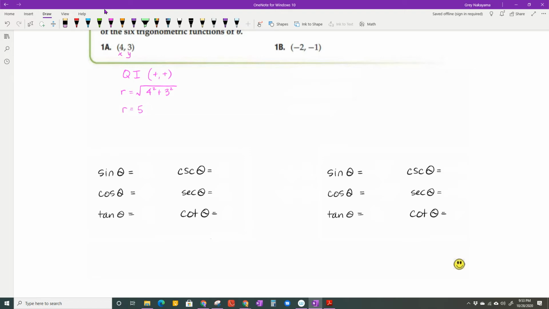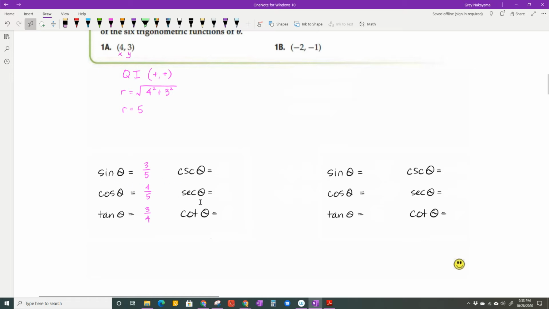Then you go through. The sine is y over r, so that's going to be 3 over 5. Cosine is x over r. Tangent is y over x. Cosecant, you're just going to flip. If you ever forget, y'all, a trig function and its reciprocal do not start with the same letter.